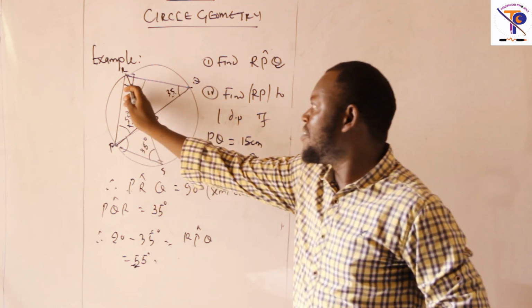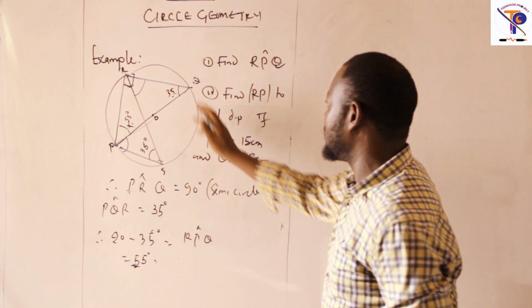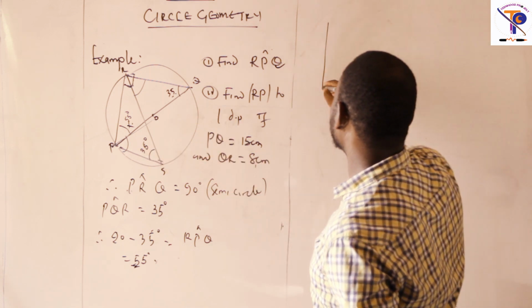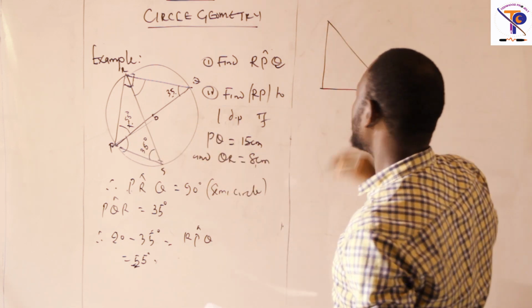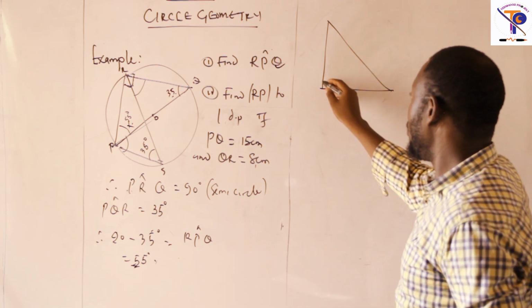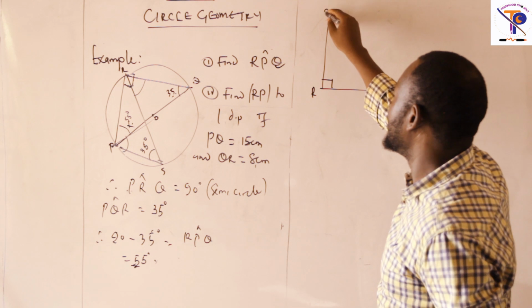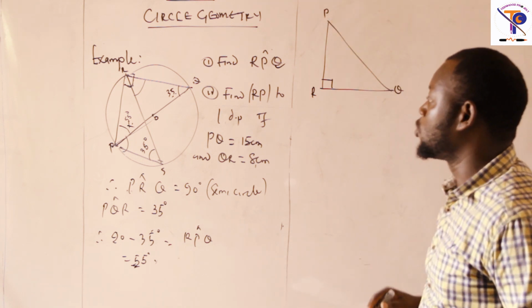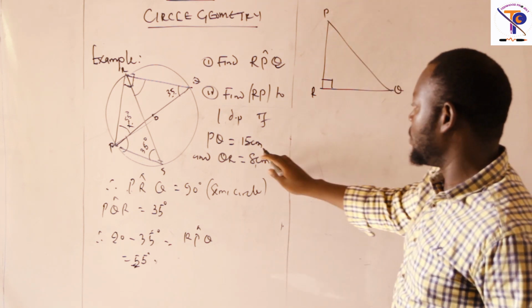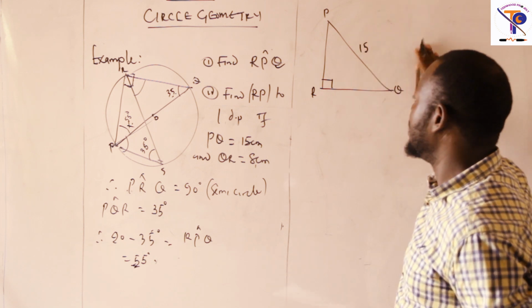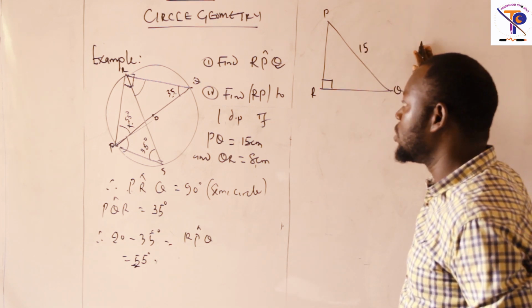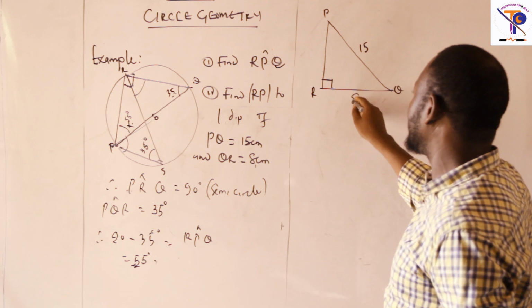Looking at this, so far we have a 90 degree angle here, so that shape is a right angle triangle. Where this is your right angle at R, then we have your P and your Q as the case may be. My PQ has been given as 15, and my QR is said to be 8 centimeters.